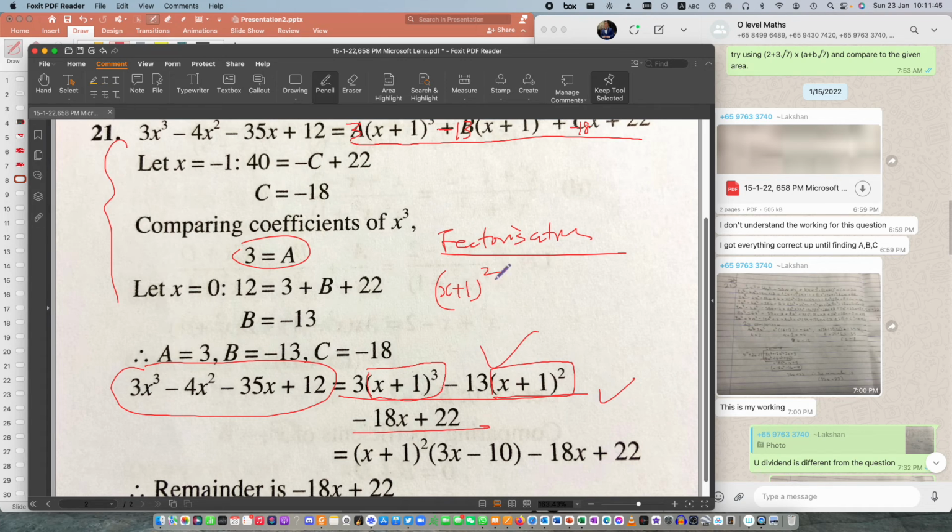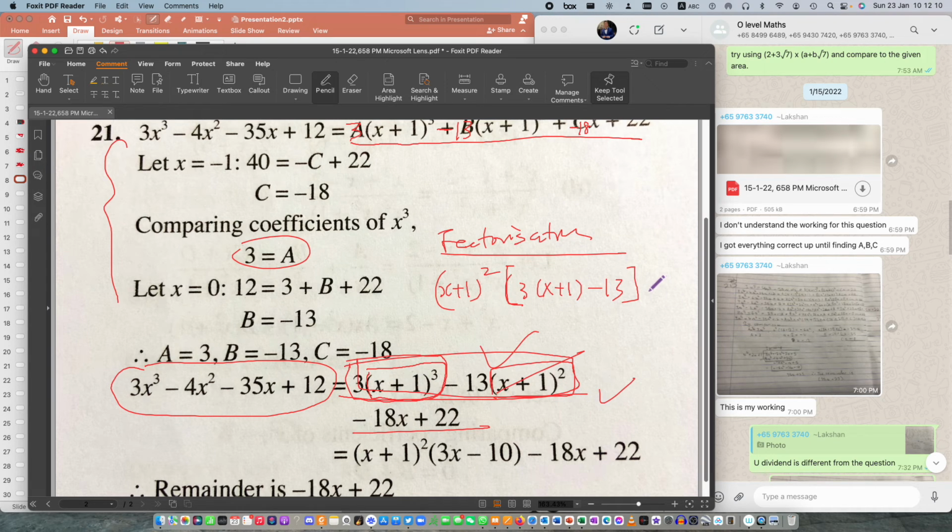So when you factorize, you end up with 3. Since this is cube and you have taken out square, you end up with this for this term. Very clear? Then for the next one it is minus 13 because you have taken out. By the way, this part is just this part.